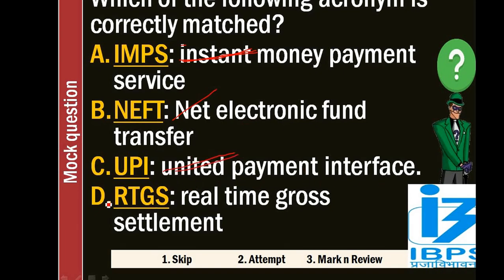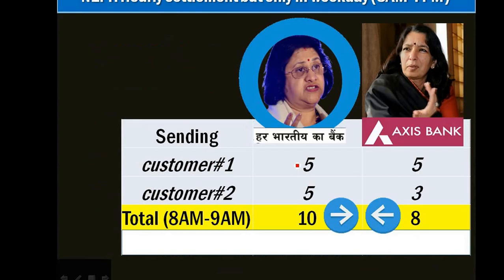No, it is National Electronic Fund Transfer. Next, United Payment Interface. No, it is Unified Payment Interface. And the last one, D: RTGS stands for Real Time Gross Settlement. Exactly, it is Real Time Gross Settlement.